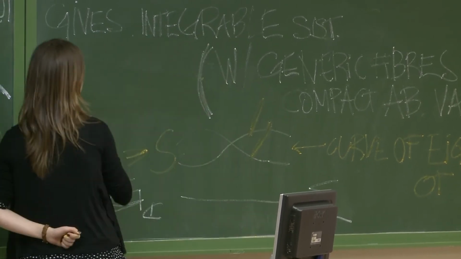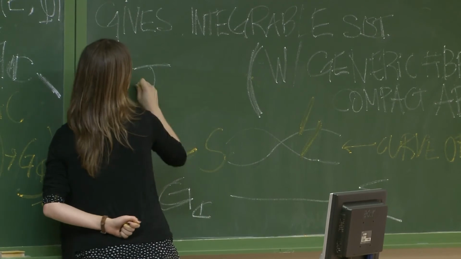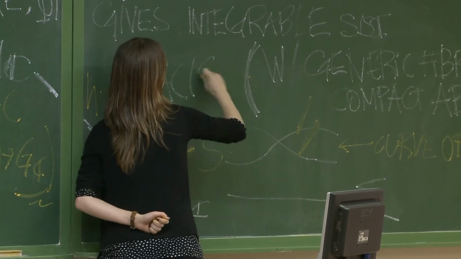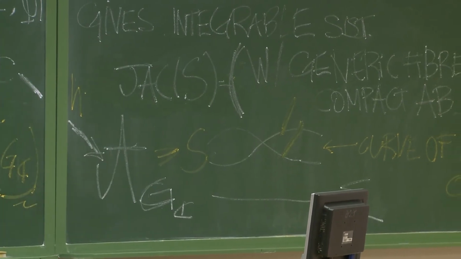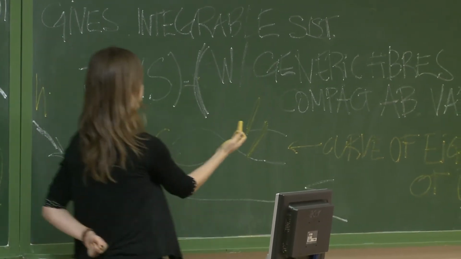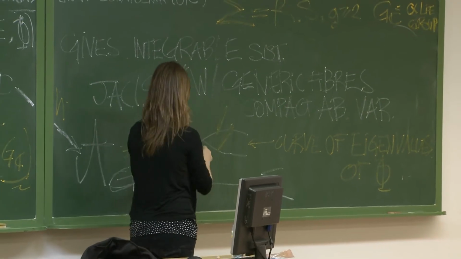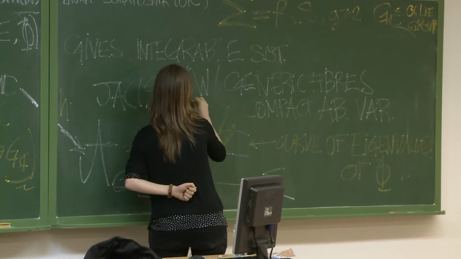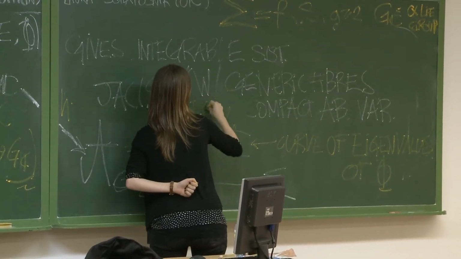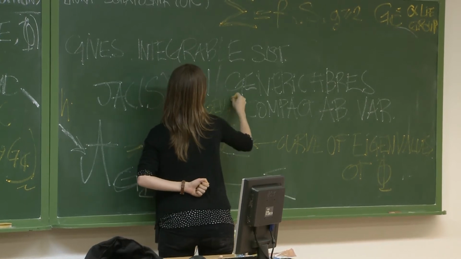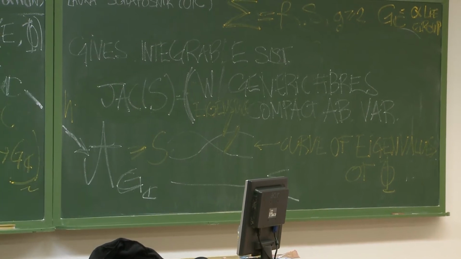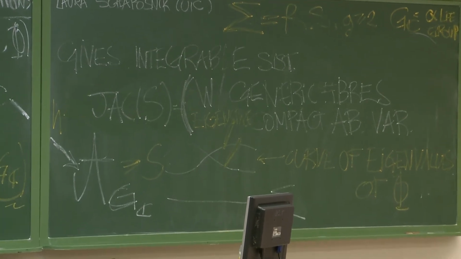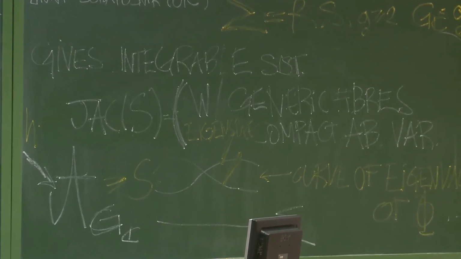The generic fiber will be either the Jacobian of S or abelian subvarieties of the Jacobian of S. And we understand them as the eigenspaces of the Higgs field. So the eigenspaces are important as much as the eigenvalues. And that's what this abelianization is about.